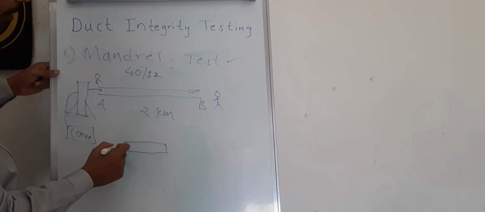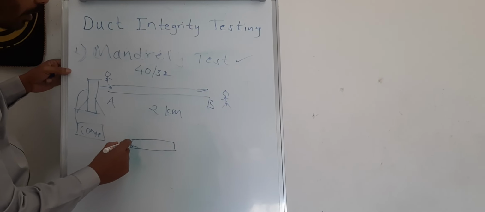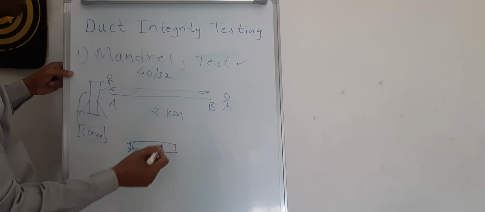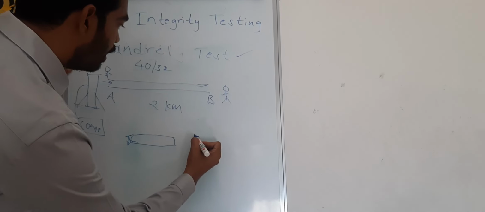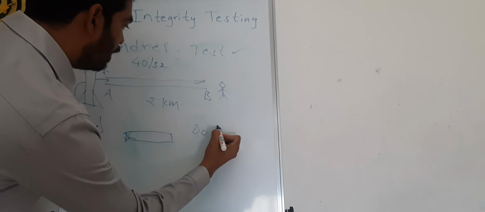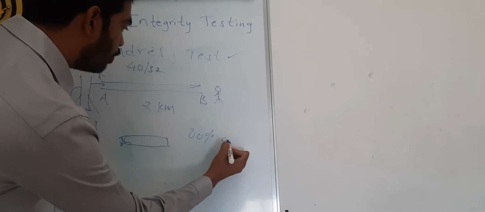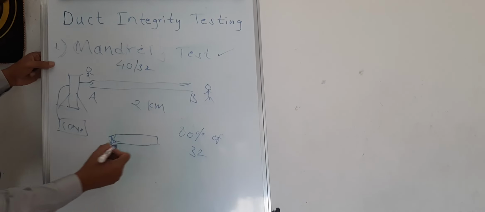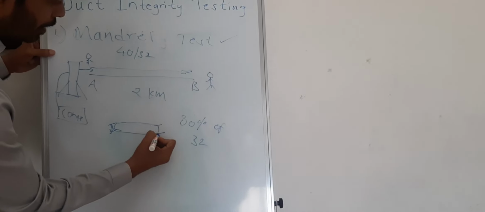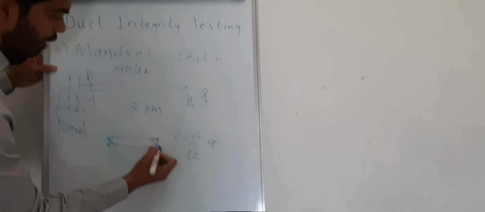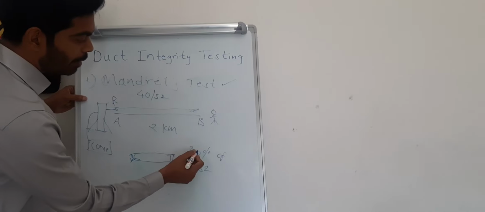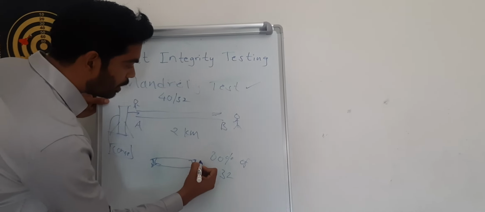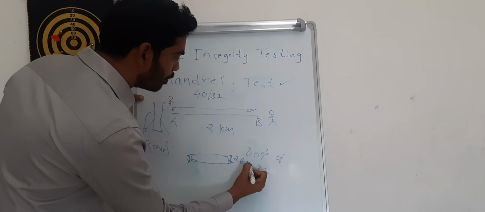Then the diameter of the shuttle has to be 80% of 32. So this particular diameter will roughly come to around 26 mm.